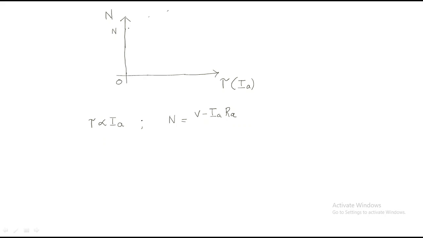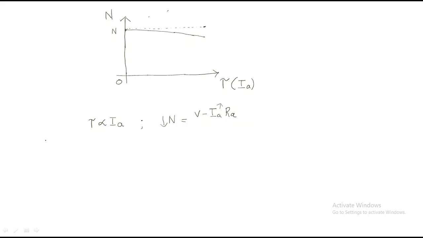This is at zero torque. If you increase the armature current, what happens? We get some armature drop. So by increasing the armature current, the speed value slightly decreases. It's not high, it slightly decreases. And this is the curve.